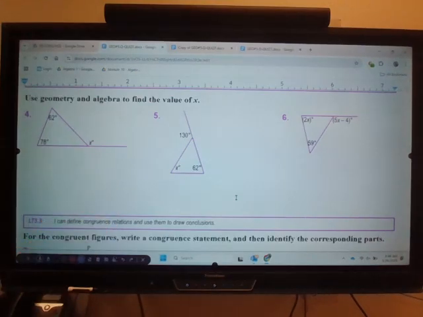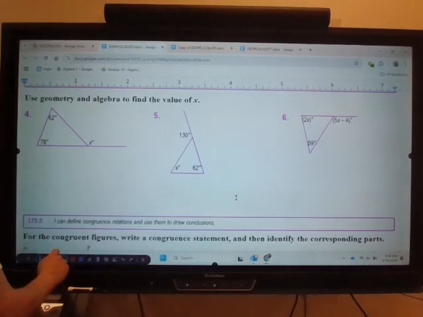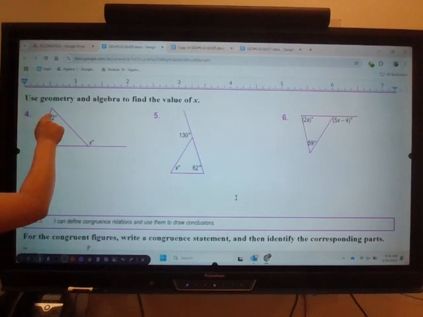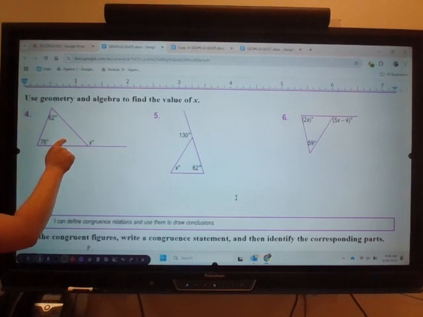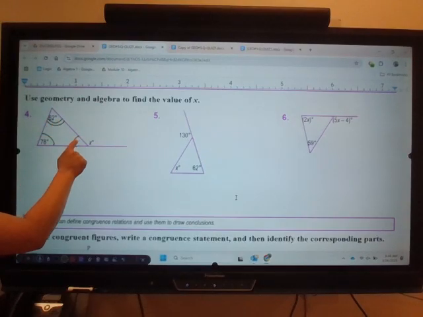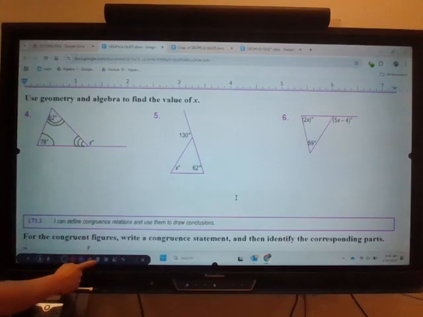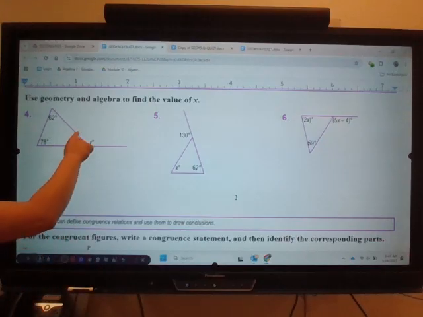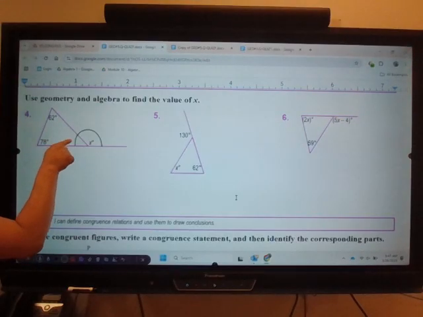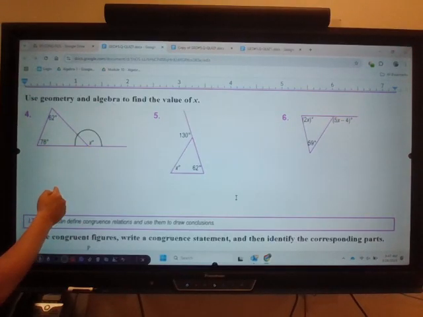Now we need to use geometry and algebra to find the value of x. Once again, we know that the sum of these 3 angles has to be 180 degrees. Something else we know: this straight angle here is going to be a total of 180 degrees.